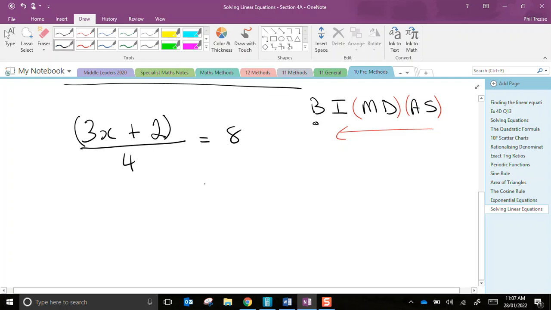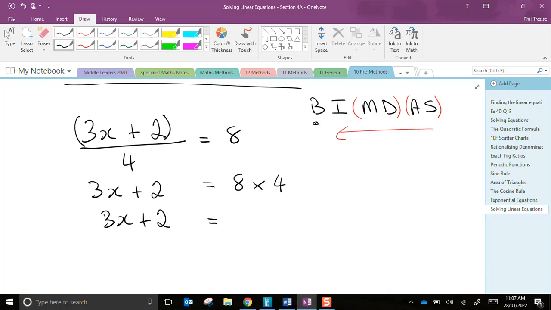The opposite of divide by 4 is multiply by 4. Now that will just leave the 3x + 2. Even though the brackets were not written there originally in the question, they definitely make this clearer. If you feel like writing brackets onto the top of an expression like that and it makes it clearer, then go right ahead. Now I've got 3x + 2 = 32.